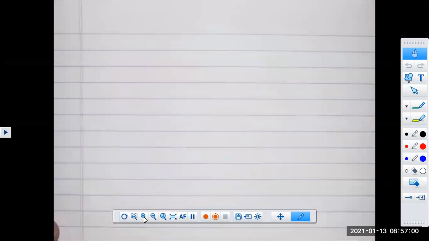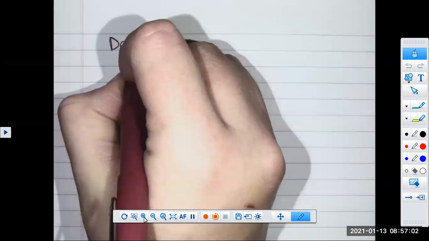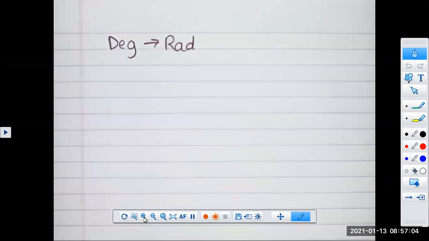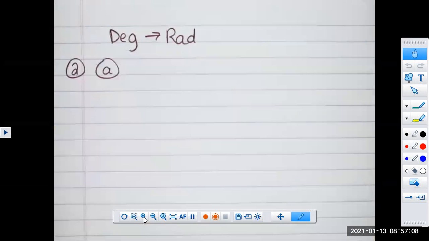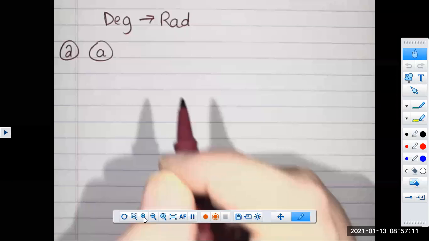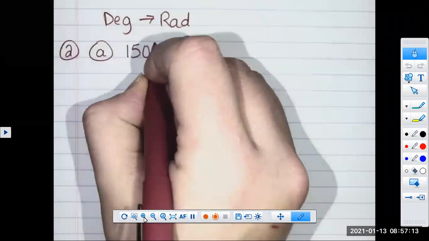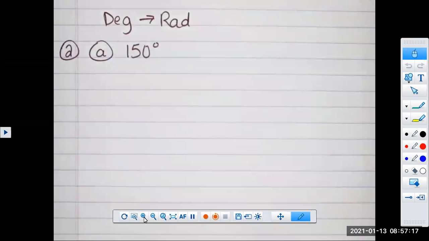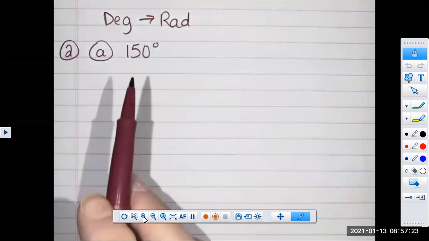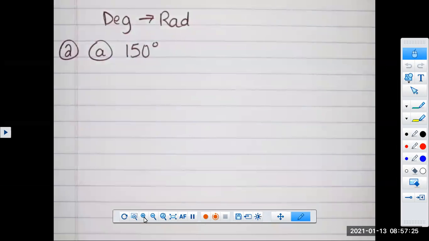Okay, we're going to convert all of these from degrees over to radians. We have 150 degrees. Now, you're going to leave pi in your answer unless they ask you to leave it as a decimal, don't they? That's what I was thinking.